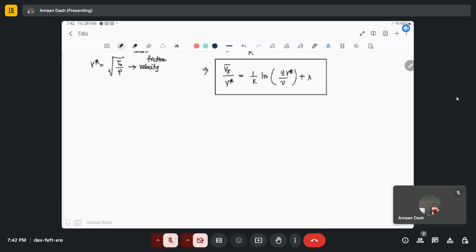And it was found that reasonable values of K are around 0.4 and lambda is equal to 5.5. Okay, and this holds good for y V star by nu greater than 30.